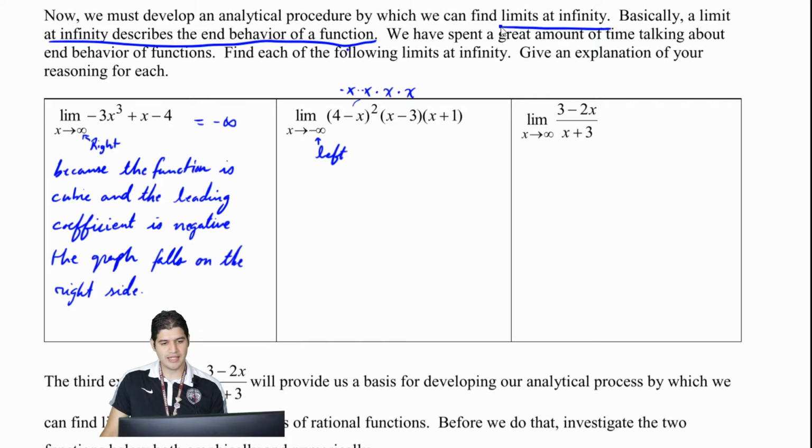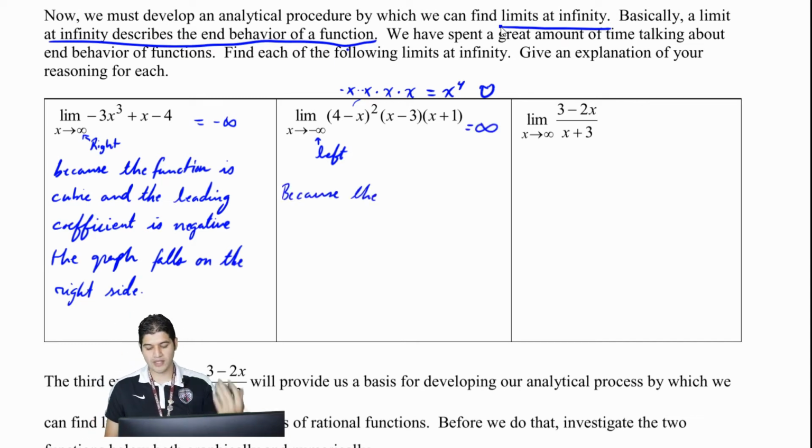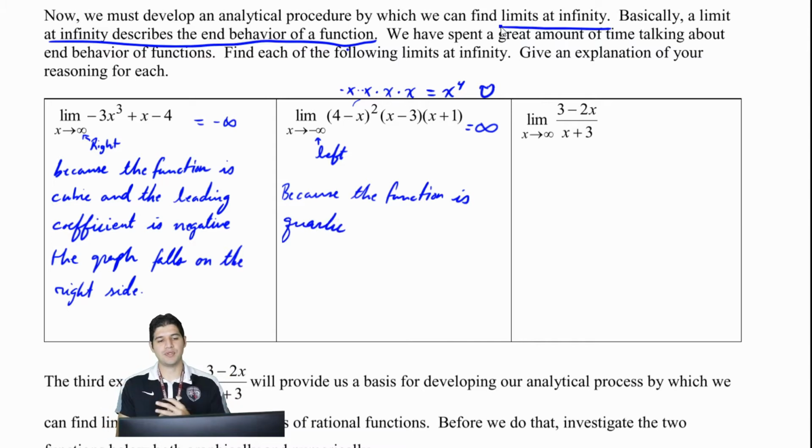Negative times negative is positive, so I'm getting positive x to the 4th, which looks something like that in the graph. Because the function is quartic, it's going to rise on both sides, which means our answer is going to be positive infinity.